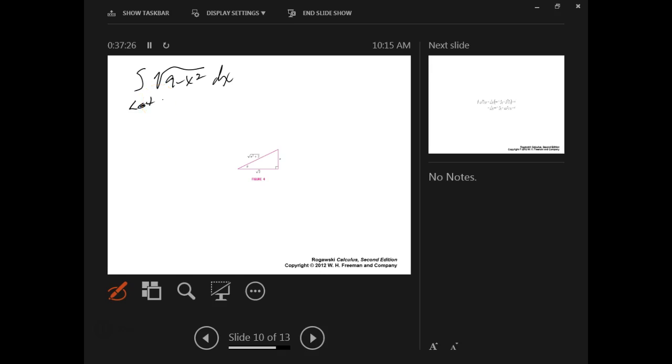No, it's not that kind of substitution. For a trig substitution, you let this variable be an angle, or have to do with an angle, a trig function. So let's let x equal what?